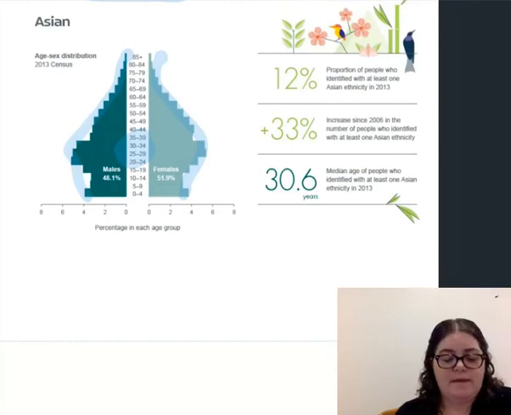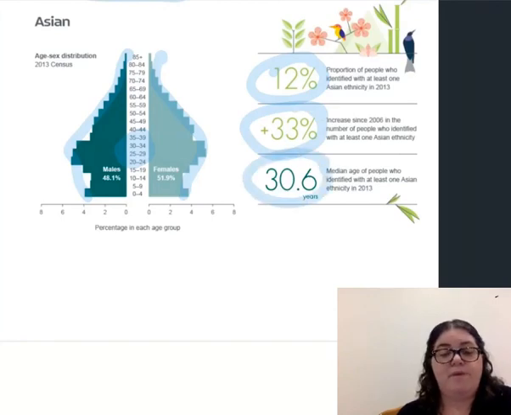And in terms of children, there was a smaller number of children. Again, we've also got some statistics on the side about what proportion of the population identify as Asian ethnicity, how much that's changed, and what the median age of people is.